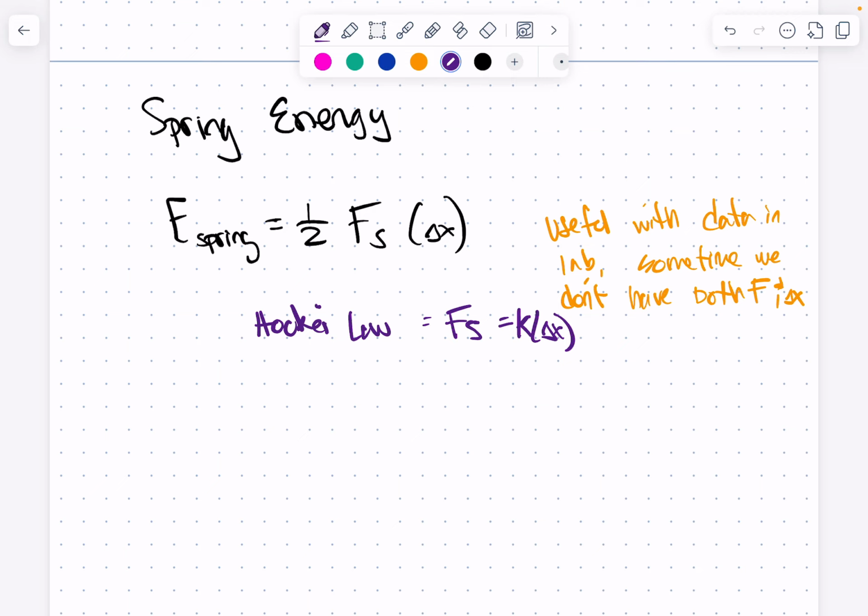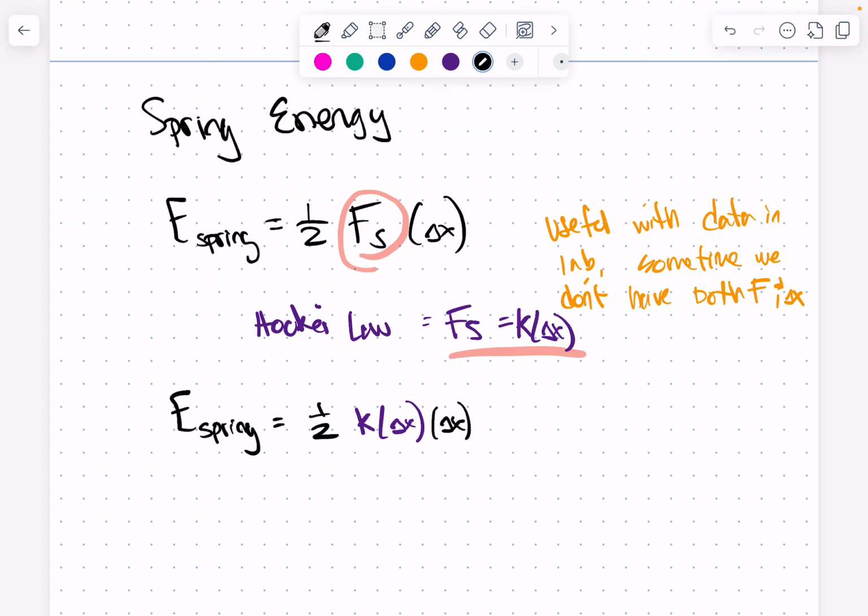And so we can calculate the amount of spring energy using Hooke's law by replacing this with this. So instead of Fs, we're going to insert K times delta x. Now we still have delta x because that was originally in our equation.